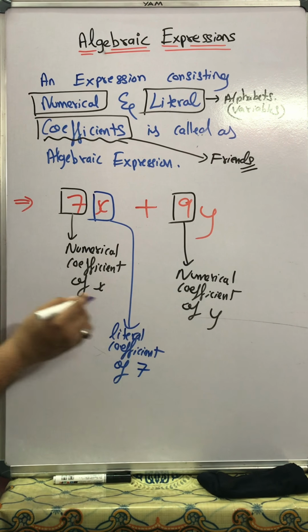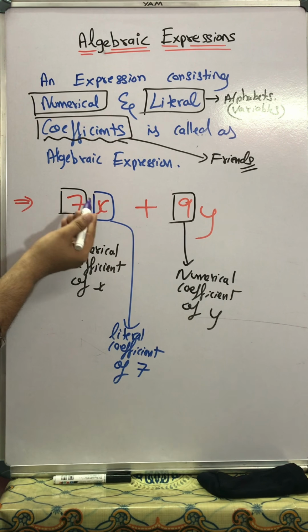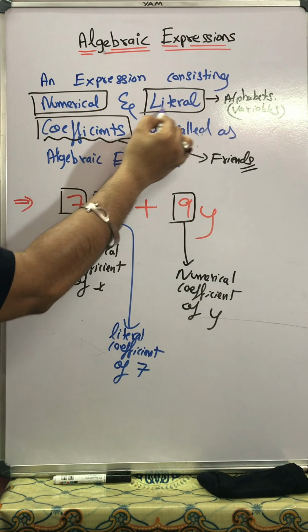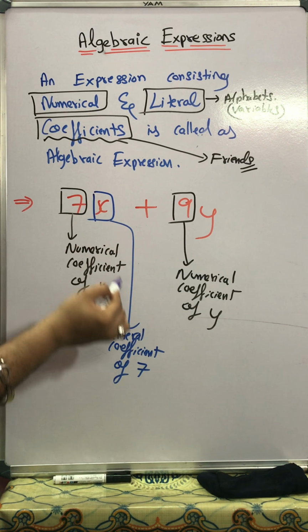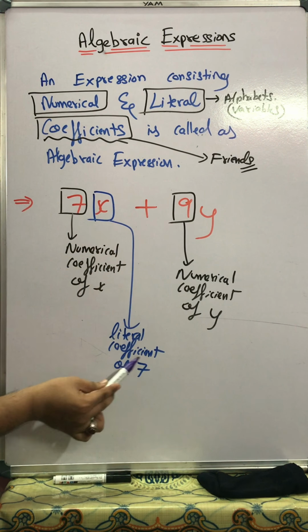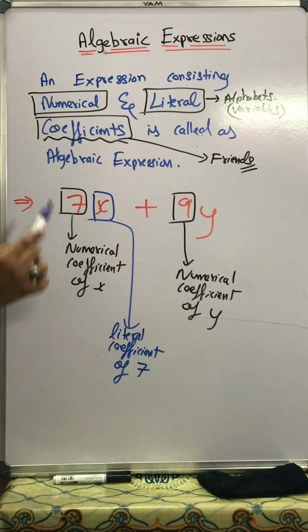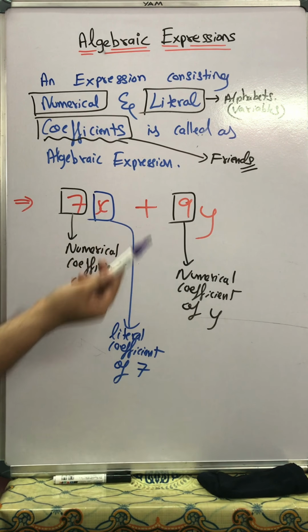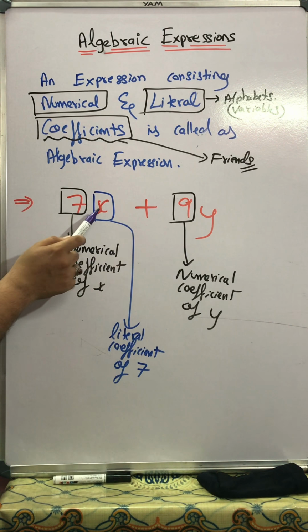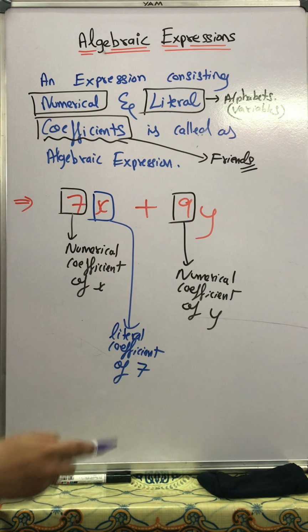Please understand, x is a friend of 7, but what type of friend? X is an alphabet, so literal. We will not use the word friend, we'll use the word coefficient. X is the literal coefficient of 7, and 7 is the numerical coefficient of x. Both are friends. But when we speak about 7, we'll use the word numerical. When we speak about x, we'll use the word literal.